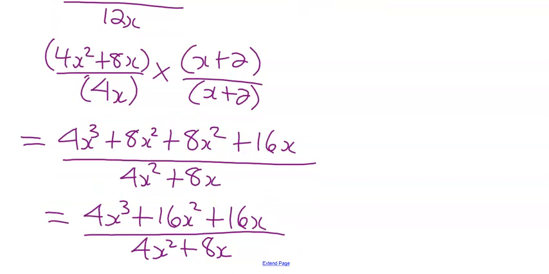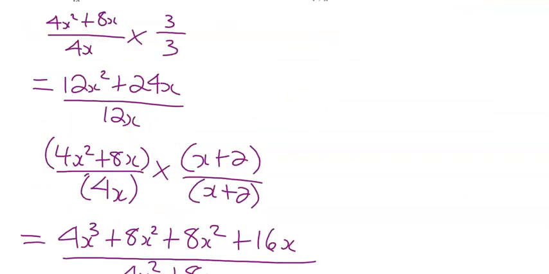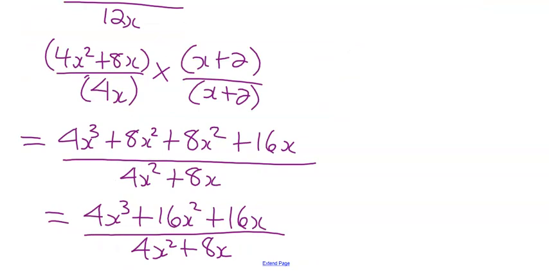But that reduces, right? We don't want to reduce. We're looking for an equivalent. And the reason maybe we're looking for an equivalent is maybe we have to add this to something that has a denominator of this. And so we say, oh, I need to make an equivalent rational expression such that I'll have this denominator.